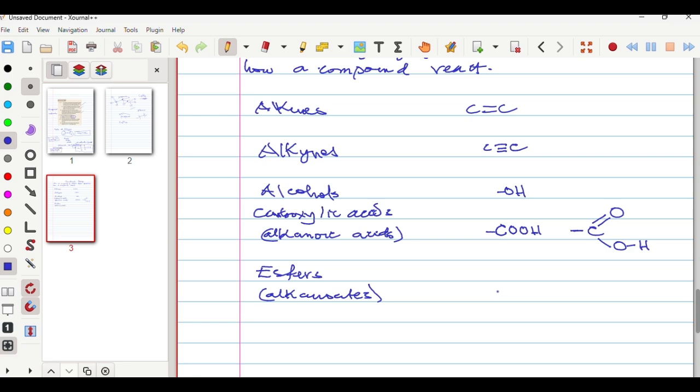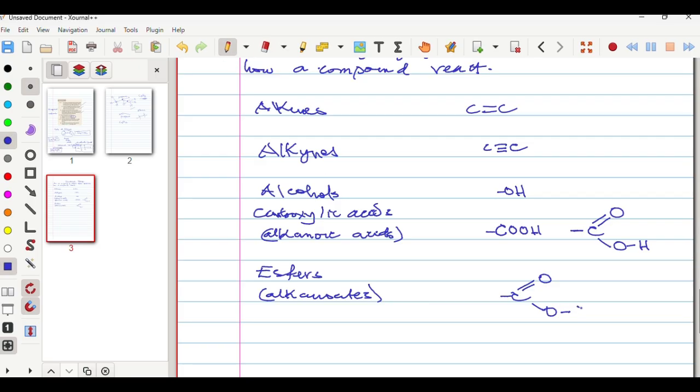So carboxylic acid is carbon, double bond oxygen, and hydrogen. That's carboxylic acid. But if it is an alkanoate, this hydrogen will run away and then it will be replaced by another alkyl group.